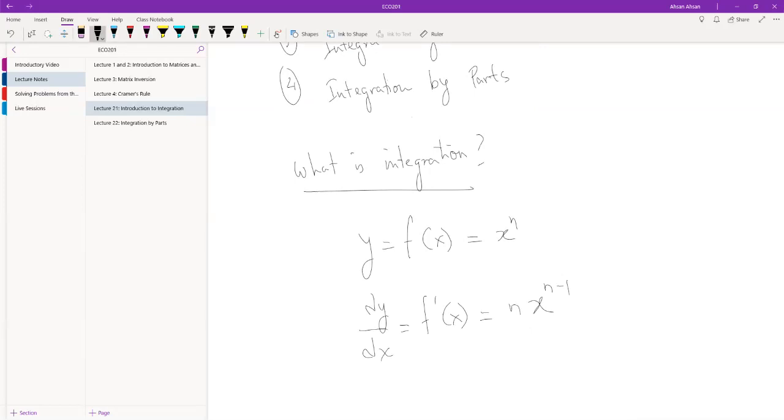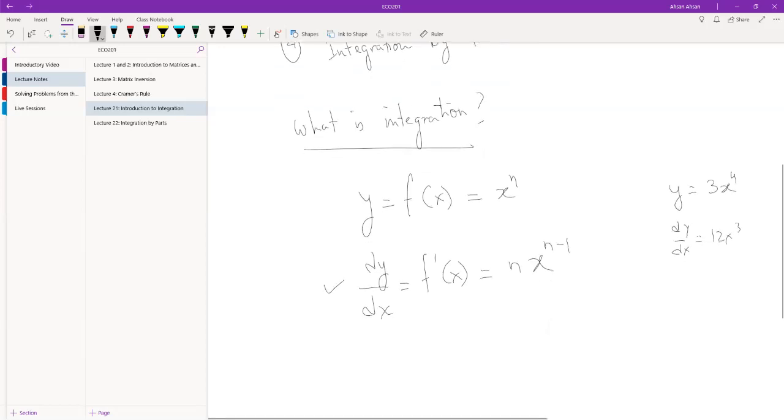For example, if we have y equals 3x to the power 4, dy/dx would give us 12x to the power 3. That's using this formula, and of course, you guys have done a lot of differentiation, so all of you know this one.